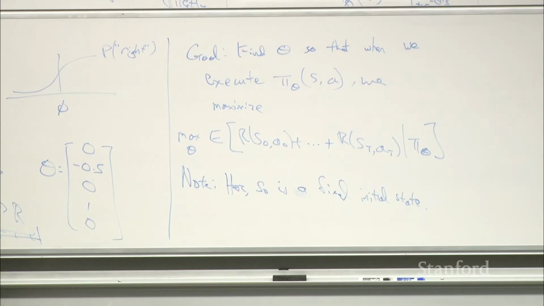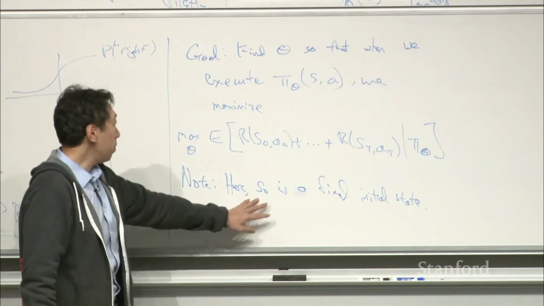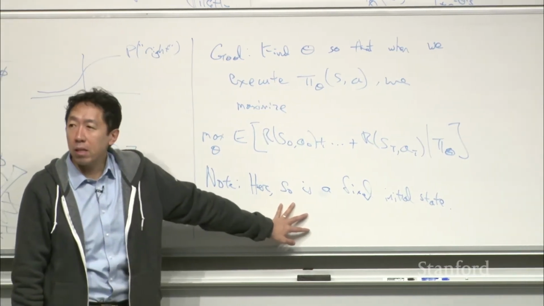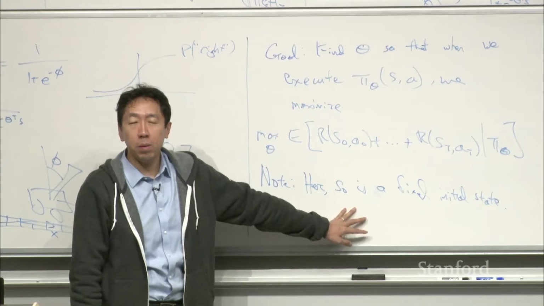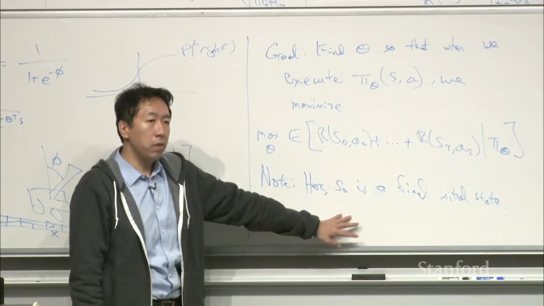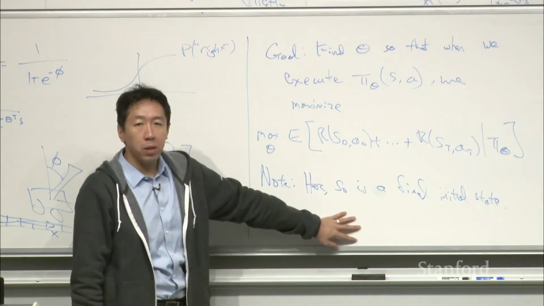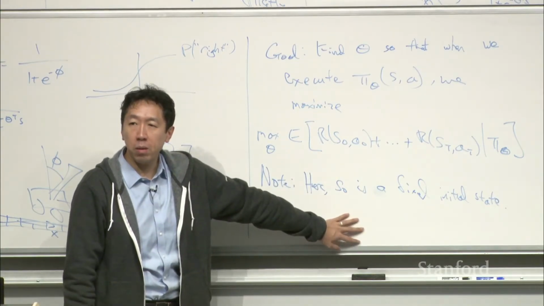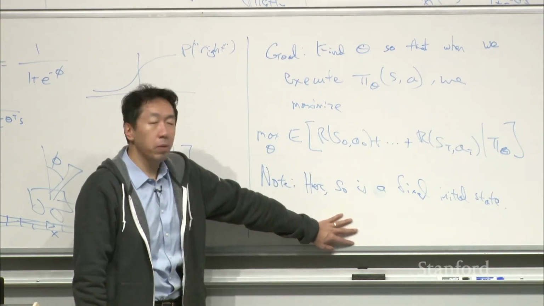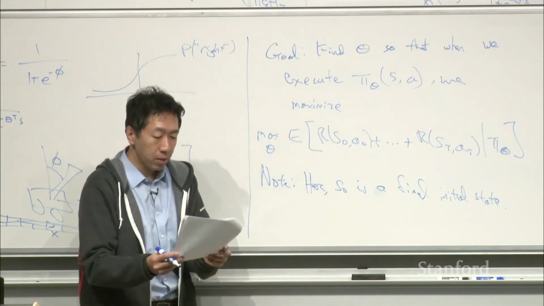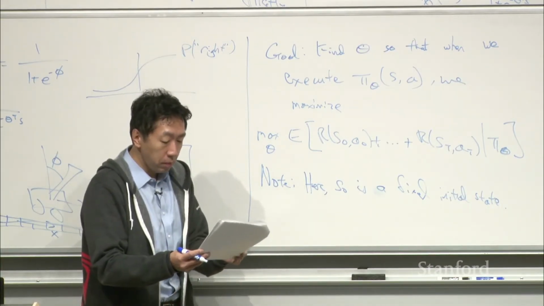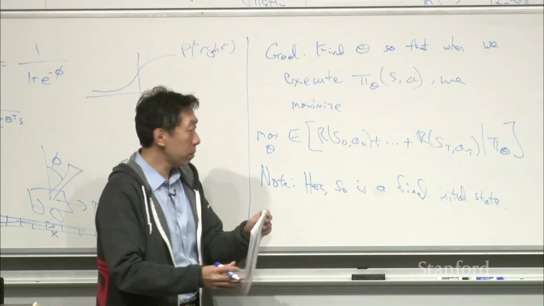It's simultaneously the best possible policy for all states. In direct policy search, we assume that either there's a fixed initial state S0, or there's a fixed distribution over initial states. I'm going to try to maximize the expected reward with respect to your initial state, or with respect to an initial probability distribution over what is the initial state. Okay? So that's one other difference.